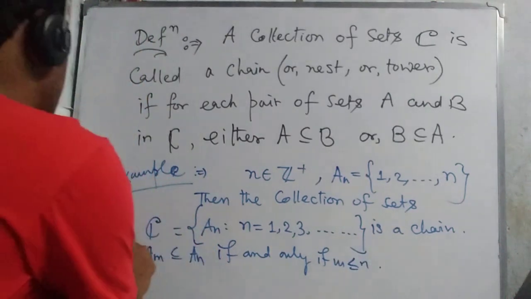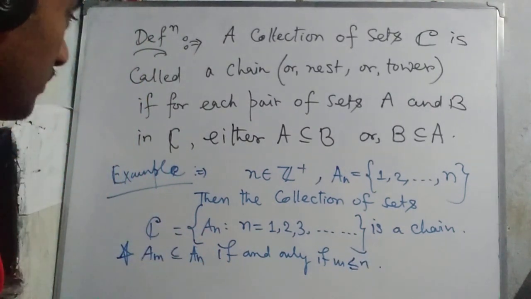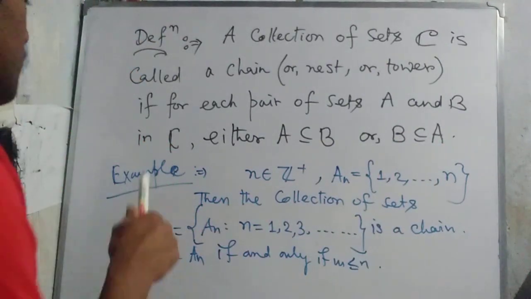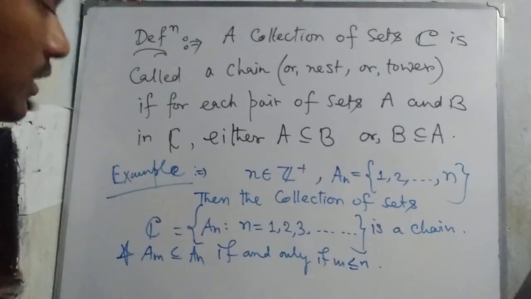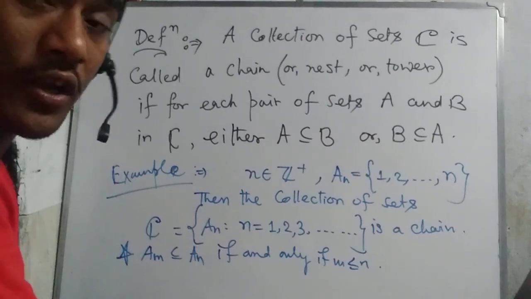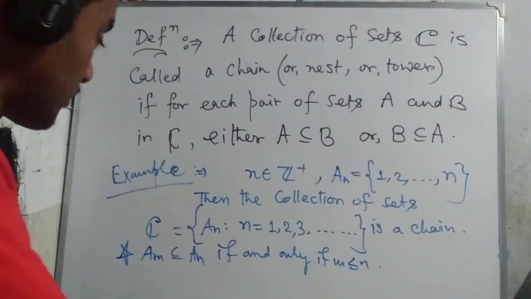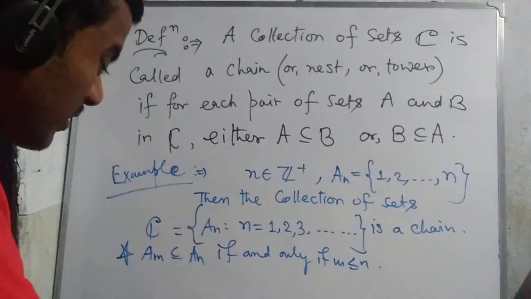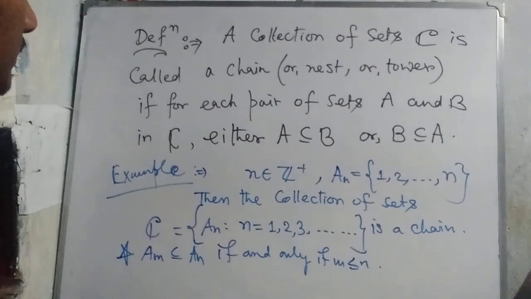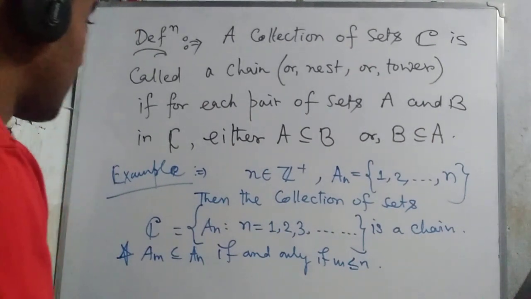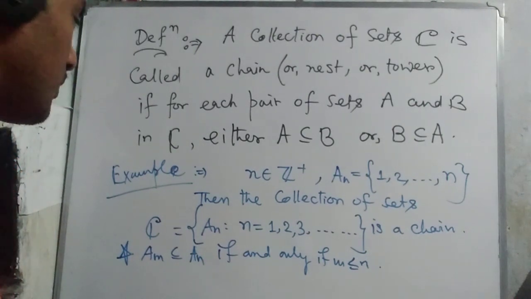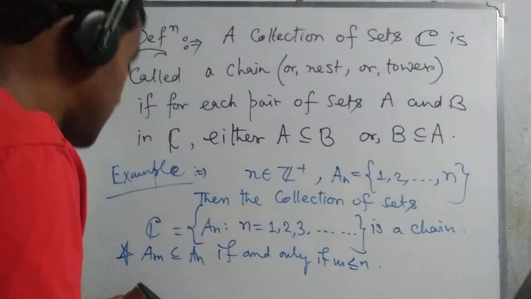That means A_1 equal {1}, A_2 equal {1, 2}. In this way, A_m subset of A_n depends only on m less than or equal to n. So this clearly satisfies the relation of a chain. So this collection is a chain.